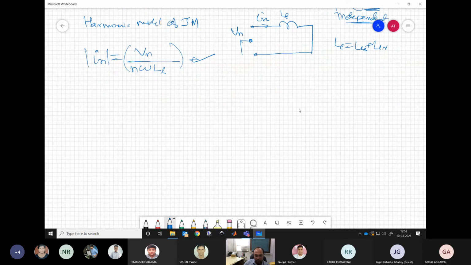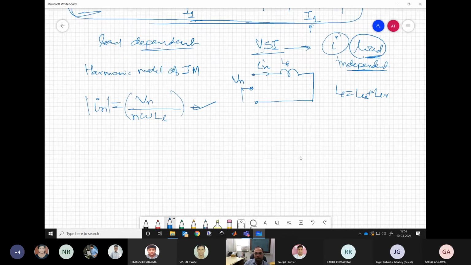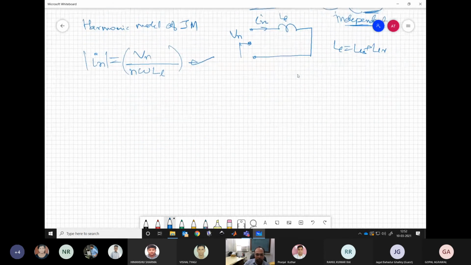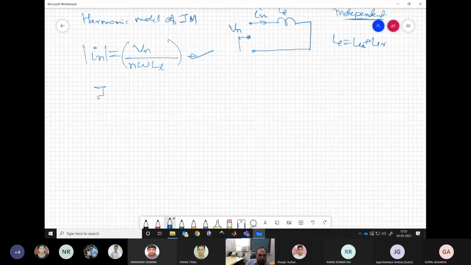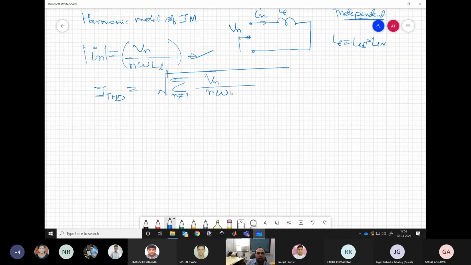Now, if you plug this value into your ITHD formula, it will look like the sum over n not equal to 1 of Vn by n omega LL, squared, divided by I1.